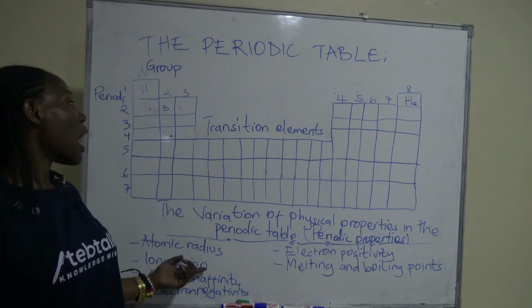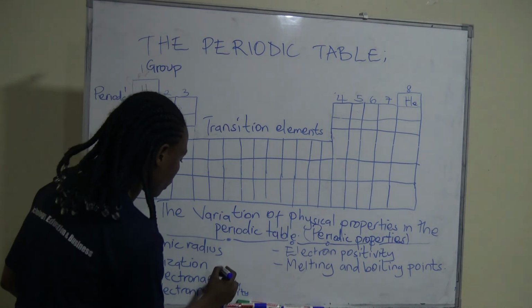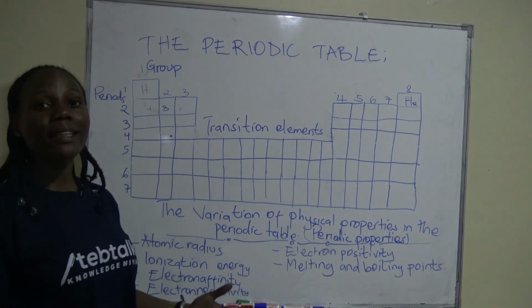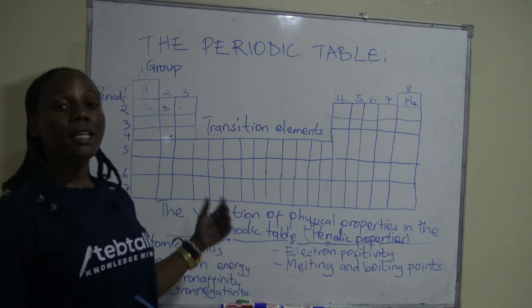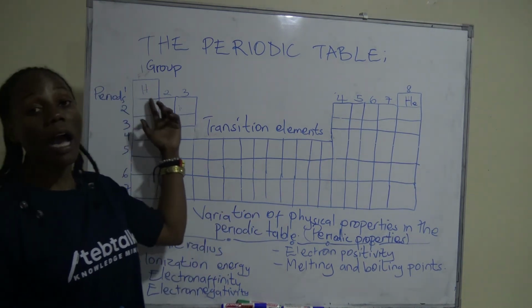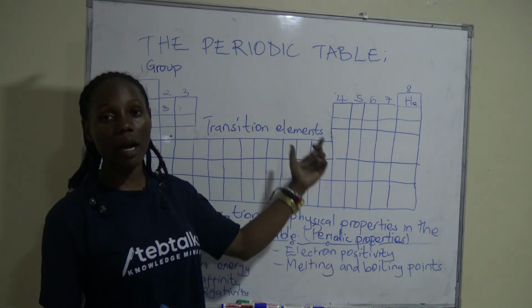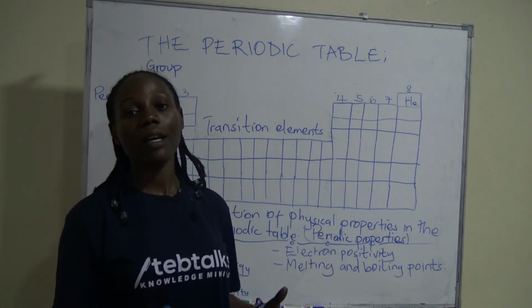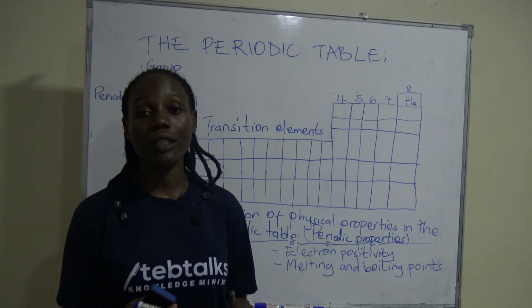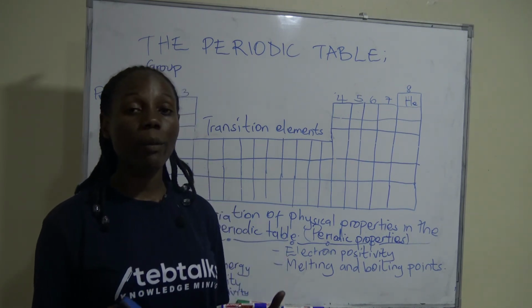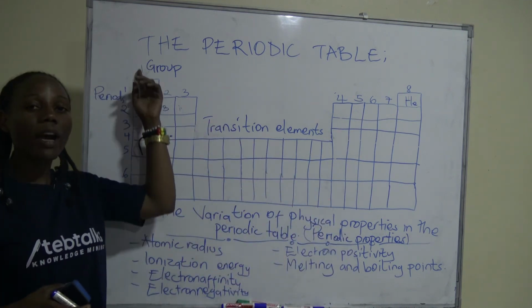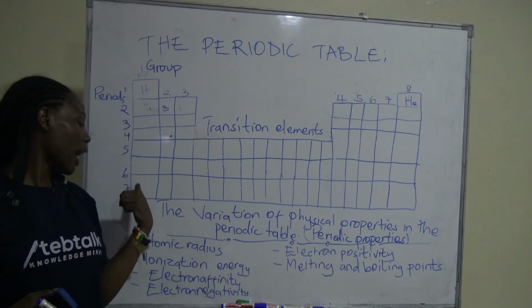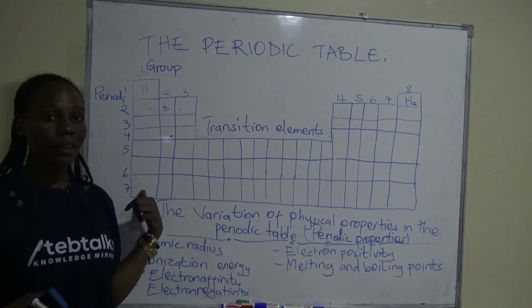We will see how electropositivity, electronegativity, and the boiling and melting points vary as we move from the element at the top of the group to the last element in the group.